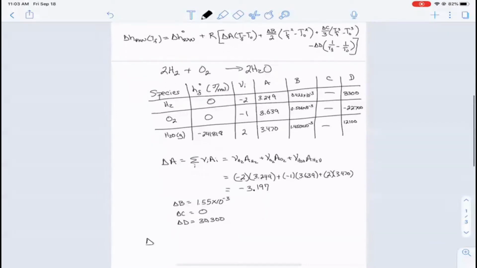So then delta H at T0, that's equal to, right, the sum of the stoichiometric coefficient times the standard enthalpy.